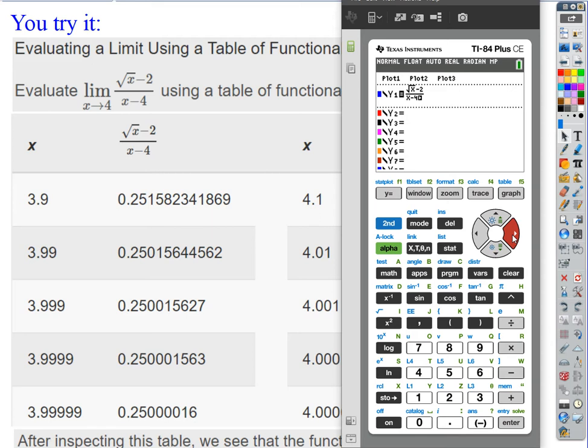How do you get out of the program? I think you go second mode, quit. Okay, mine shows up now. Go apps. Oh, this is the part I can't remember.